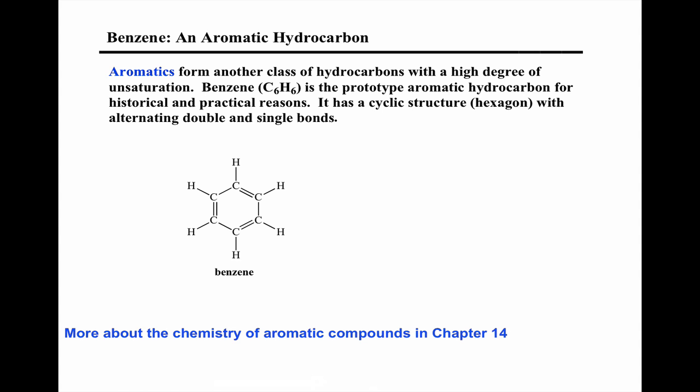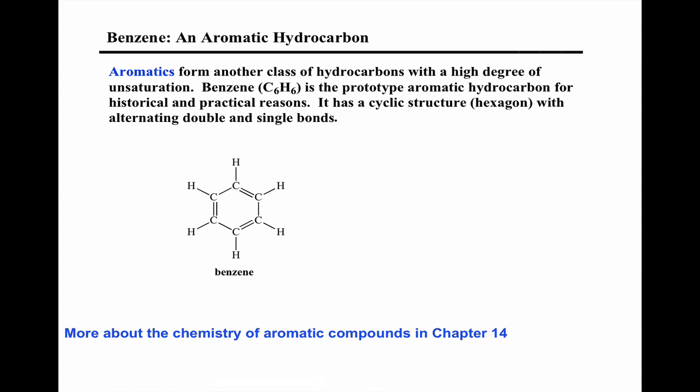The structure of benzene, believe it or not, was debated for years. Many different structures were proposed for this molecule, but this is the structure that we know it to be today. Benzene, a very simple molecule, 6 carbons, 6 hydrogens. It is known as an aromatic compound. It has unusual chemistry and unusual stability that we'll learn more about in chapter 14.